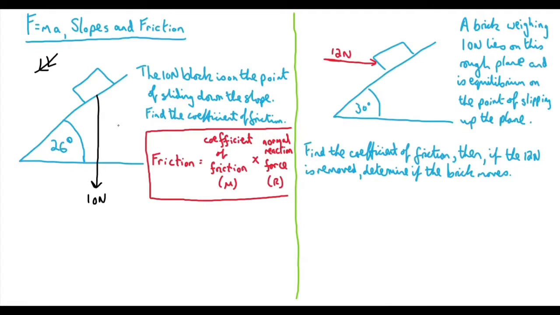So we need to find the component of this weight that is parallel to the slope. For this, we're first of all going to create a dotted line that is perpendicular to the slope, that is to say at a right angle, and then we'll do one that is parallel to the slope down here, making this a right angle triangle as well.